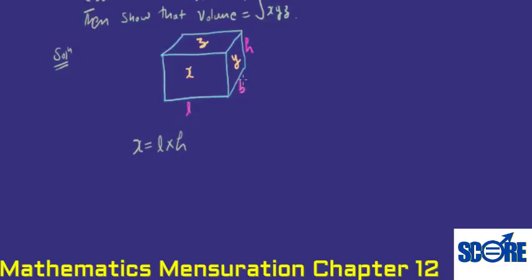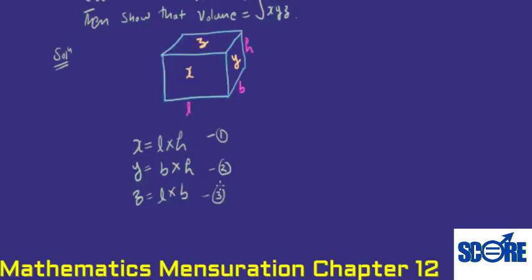So its area is b into h, so y is equal to b into h. Now z is the area of this surface, and this is again a rectangle having length L and breadth b. So z is equal to L into b. This is equation number 1, this is equation number 2, this is equation number 3.